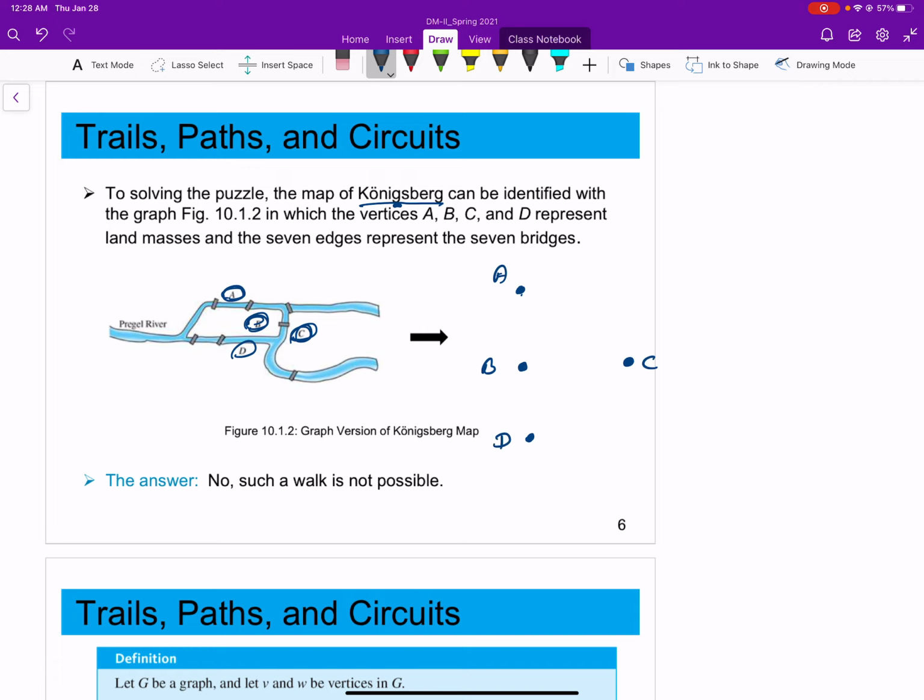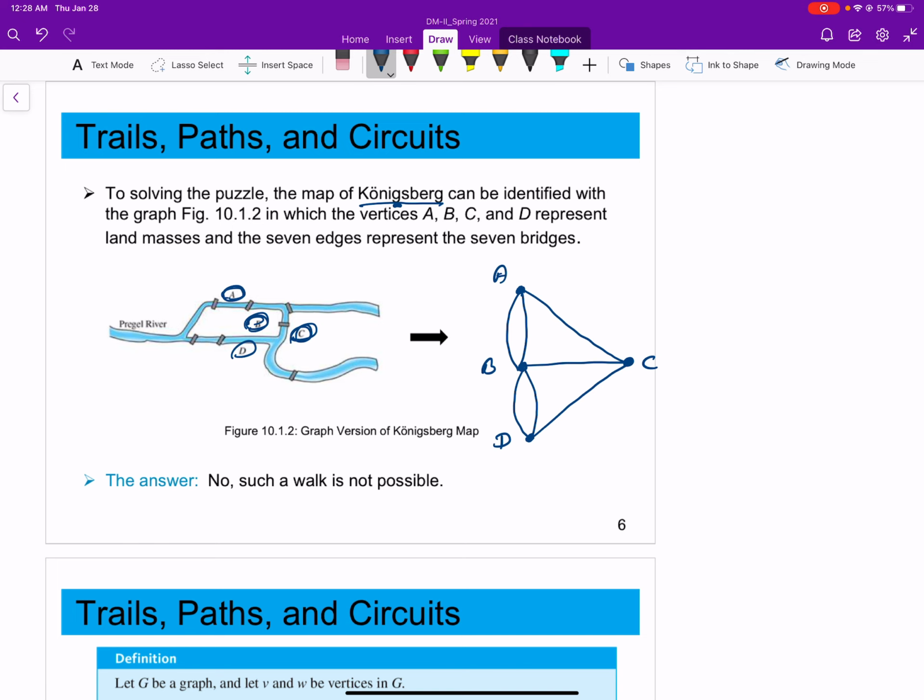Then there are 2 edges between A and B, and 2 edges between B and D. And then from here to there, from here to there, and from here to there. Now it's clear. So this is the graph we have.